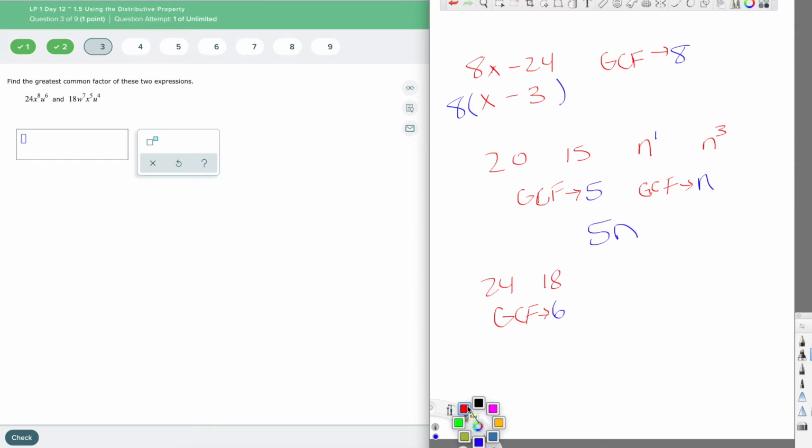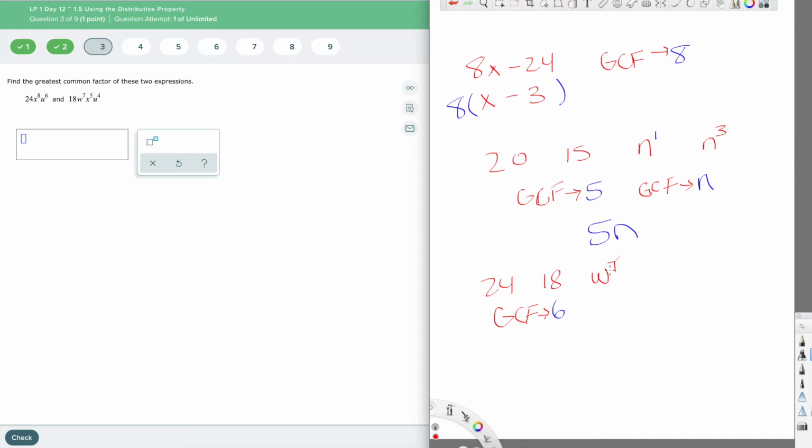Alright, so then we have a W here, but it's the only W here, so there is no greatest common factor, because 24 doesn't have a W on it. They both have to have it in order for it to be a greatest common factor. So keep that in mind.